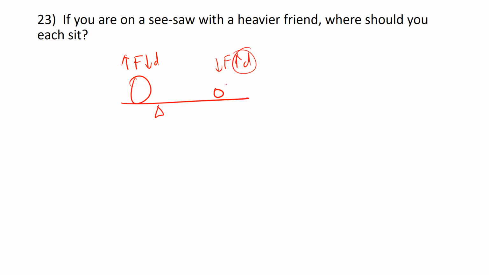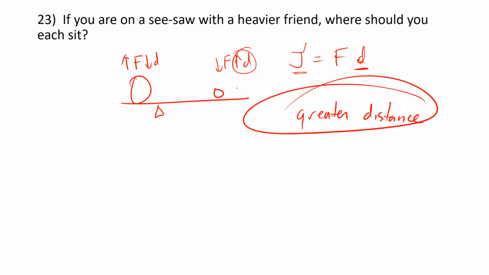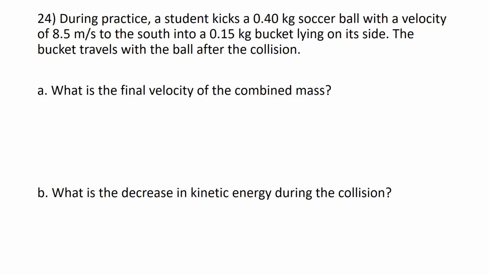You want to sit further away so you can have more torque, because what you're doing is you're trying to increase the distance to make up for this. So the greater distance would be the reason, because you want a greater distance because your force is less.